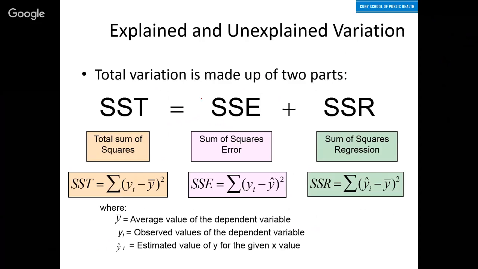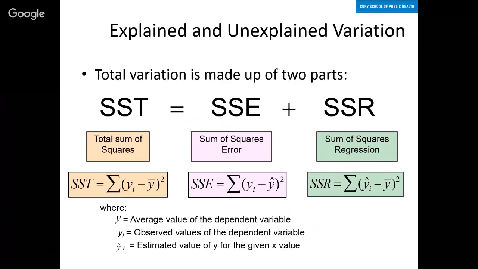We can break this up into two components: the sum of squares of the error, also called unexplained variation, and the sum of squares of the regression, which is the explained variation.